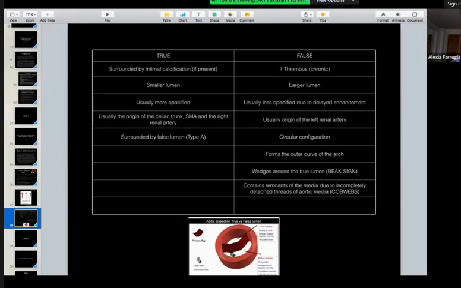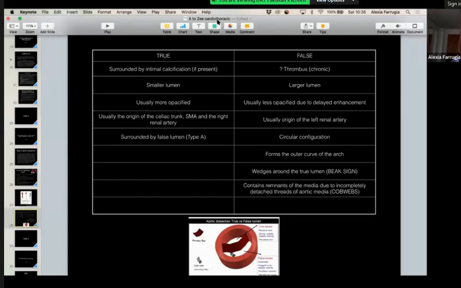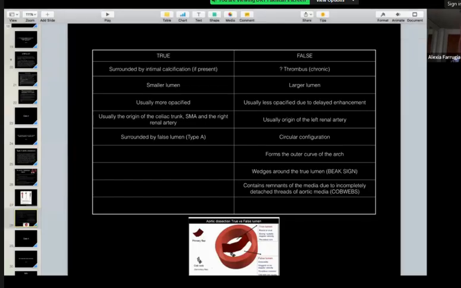So the true lumen is surrounded by internal calcifications, and the false lumen may contain some thrombus. The false lumen is usually larger and it has a circular configuration.